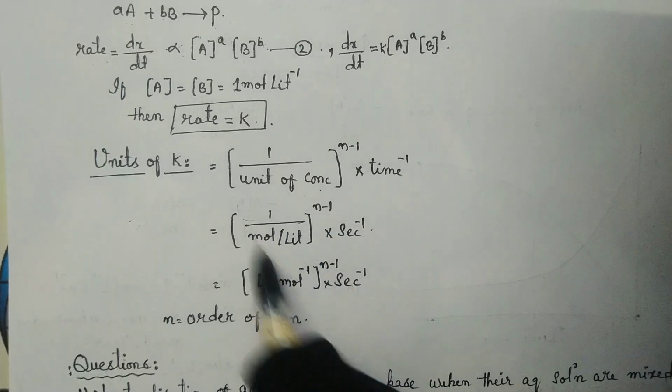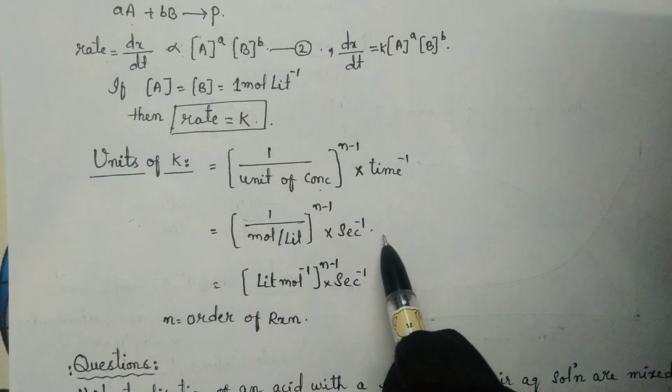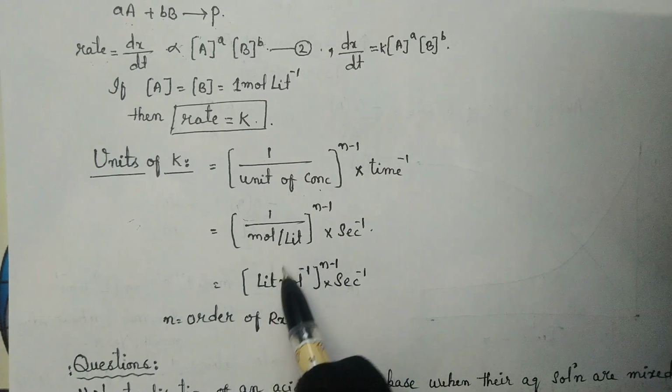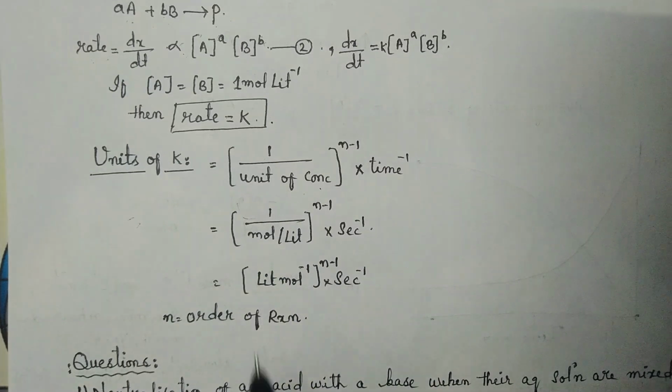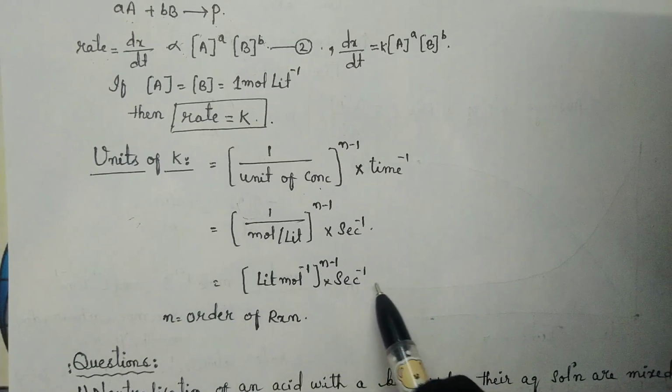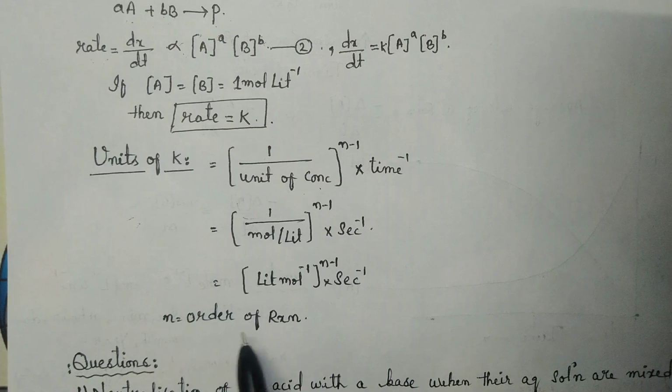So 1 by moles per liter power n minus 1 into per second. This liter will go up to the numerator, then liter per mole power n minus 1 into per second or per time. And here n is equal to the order of the reaction.